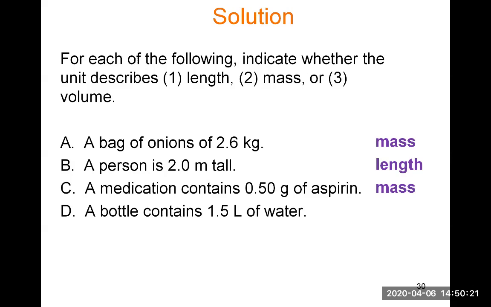A bottle contains 1.5 liters of water. Liters are a unit of volume. You want to know by heart that liters are units of volume, grams units of mass, meters units of length, and so on. This is important to recognize what kind of measurement you have.